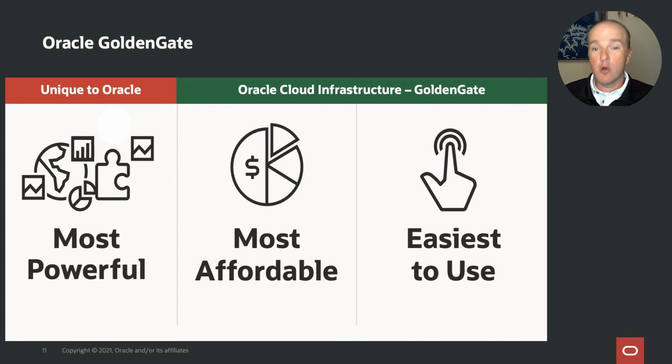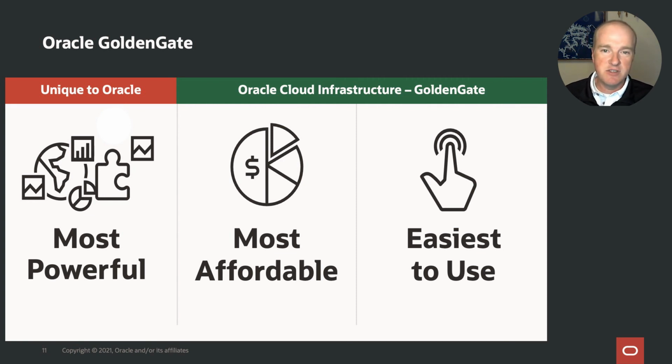As we take a look at Oracle Cloud Infrastructure GoldenGate, our goal was to make GoldenGate the most affordable data replication solution out there as well. So now not only enterprise customers that have the resources and the ability to use GoldenGate can use it, but also small to medium-sized customers. As part of that, we made it very easy to use.